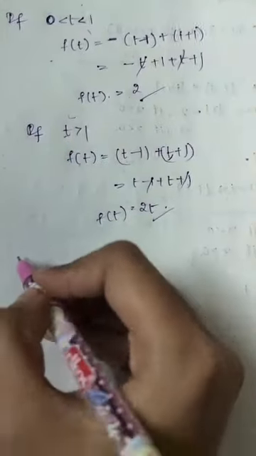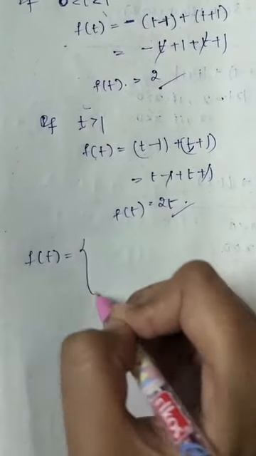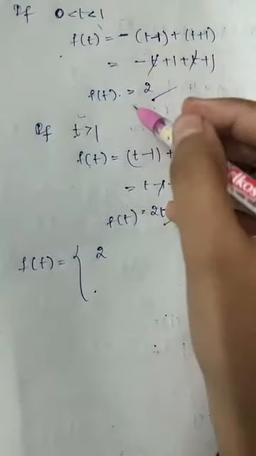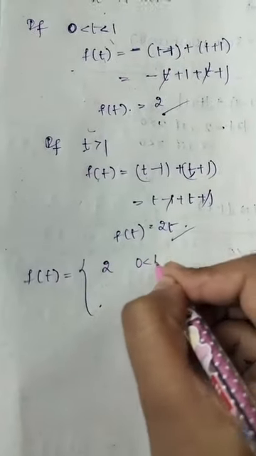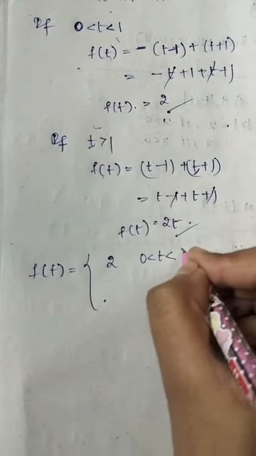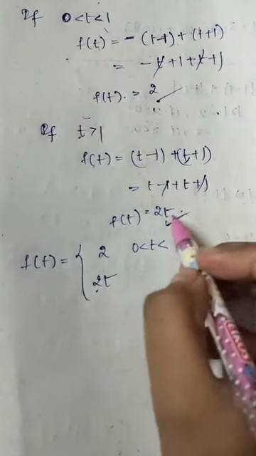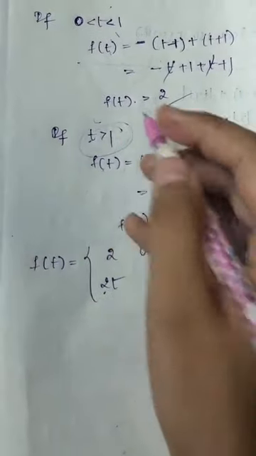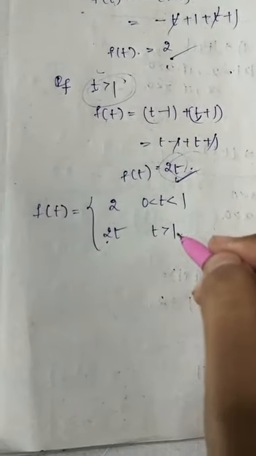Okay, let me write like this in a simpler way. F of t is equal to 2 when 0 less than t less than 1, and we got 2t when we used this type of condition, right?